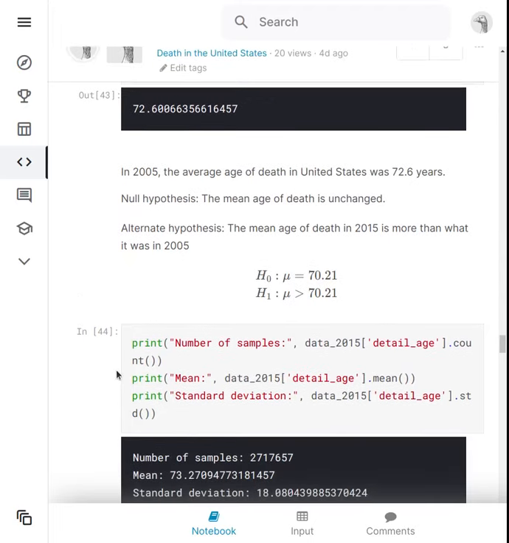In 2005, the average age of death in the US was 72.6 years, and our null hypothesis says the mean age of death is unchanged. But after this testing, the z value obtained is more than around 1.645. Therefore, the null hypothesis is rejected.